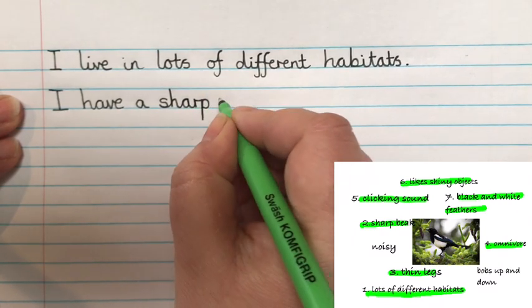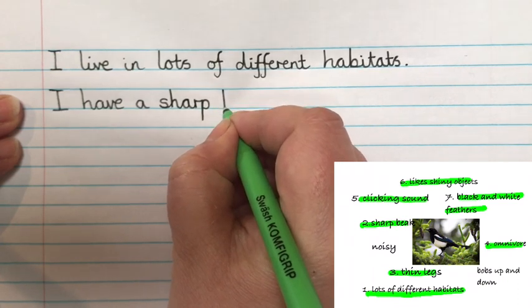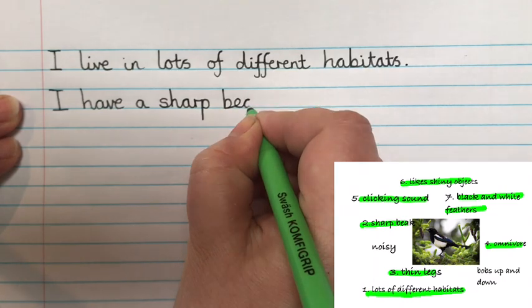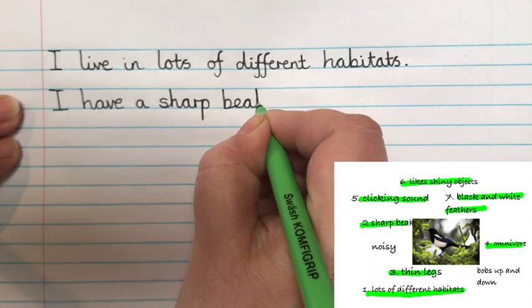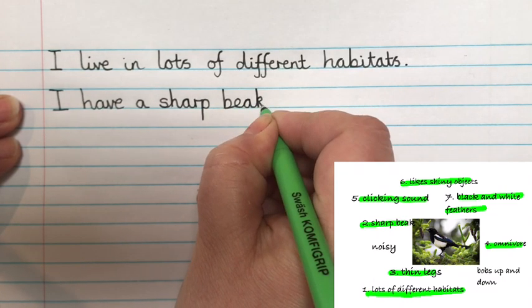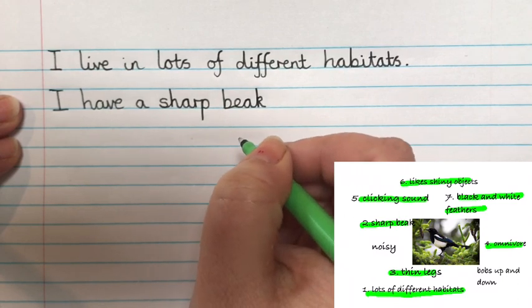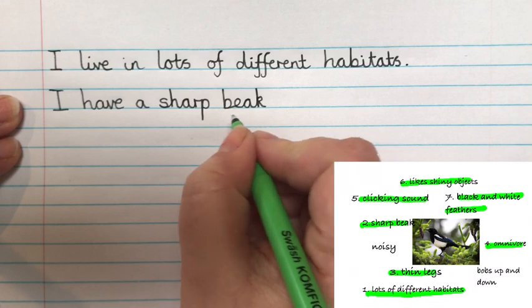Sharp. I have a sharp beak. Now, I know that it is EA for the E sound in beak because I did my research on the RSPB website and they had lots of bird-specific words there. Beak was one of them.